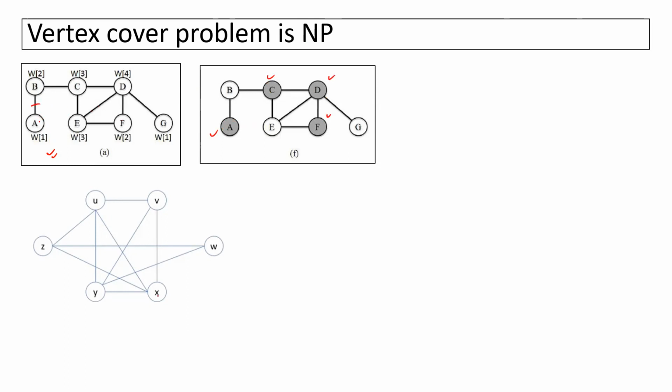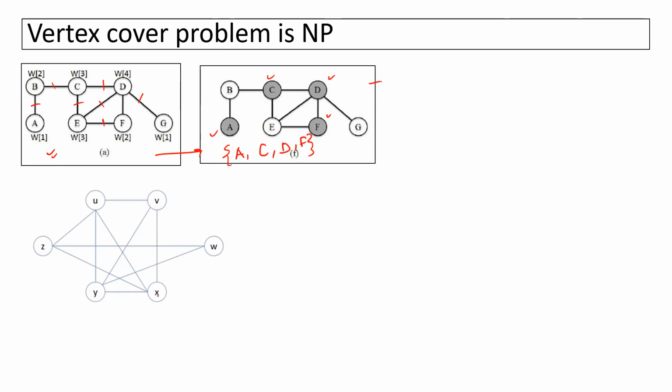Suppose A covers this edge, C covers these two edges, D covers these two edges, C also covers this one, and F covers this particular edge. So the vertex cover for this graph is A, C, D, and F.